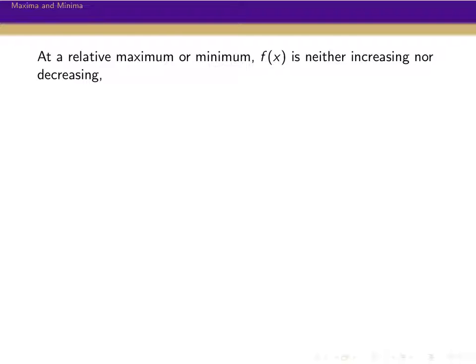Okay, so if you look back at both the relative maximum and the relative minimum we drew before, right at that spot where it's occurring, f of x can't be increasing or decreasing, right? So for a maximum, it's going like this. That's an ugly hitch in there.